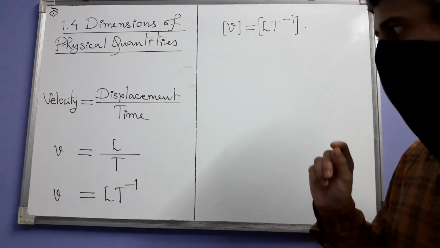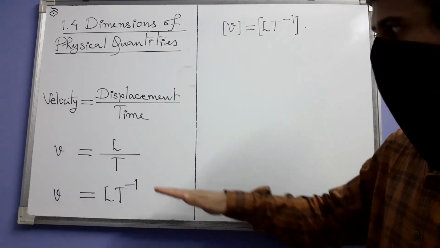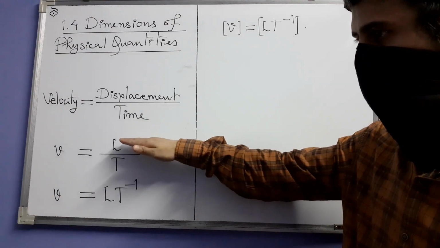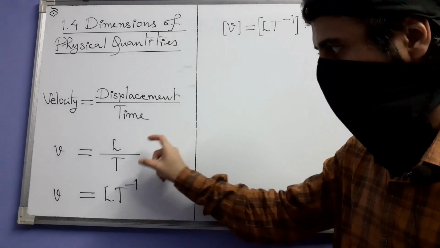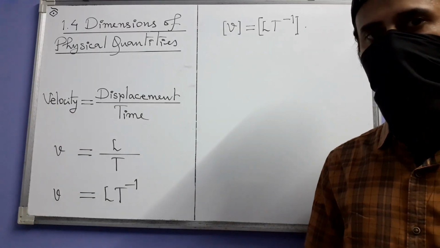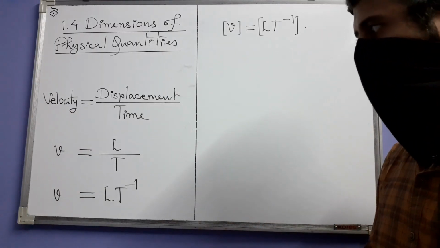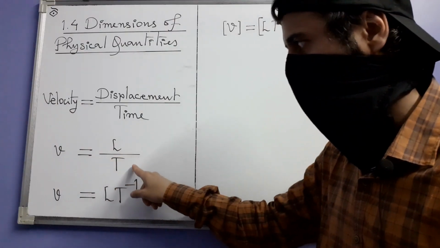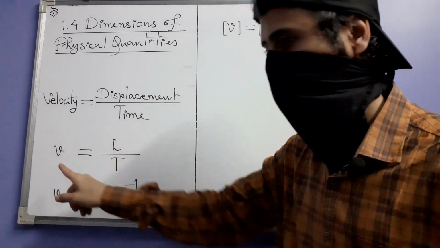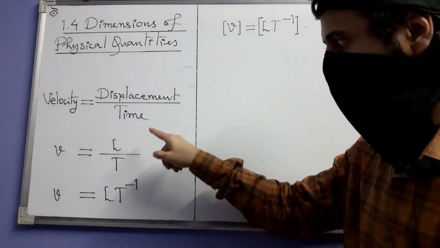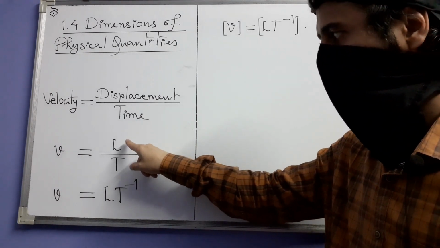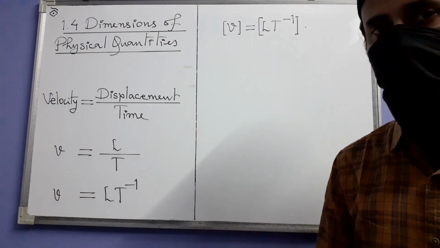But in all those units, we are basically dividing a length by time. So that fact is captured here. Or even more accurately, this equation shows how the derived quantity velocity depends on the base quantities length and time.